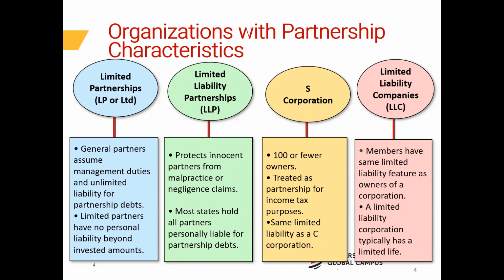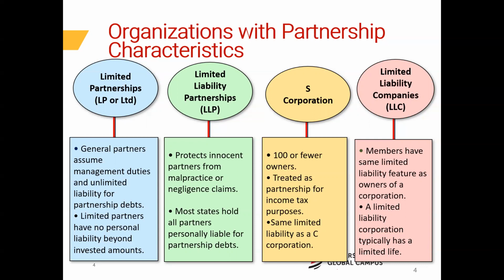With partnerships, there's no set percentage of ownership that each partner has. What do I mean by that? You could have two partners in a business, and one partner might have 20% ownership and the other one has 80% ownership, right? And there's no set percentage, so to speak.